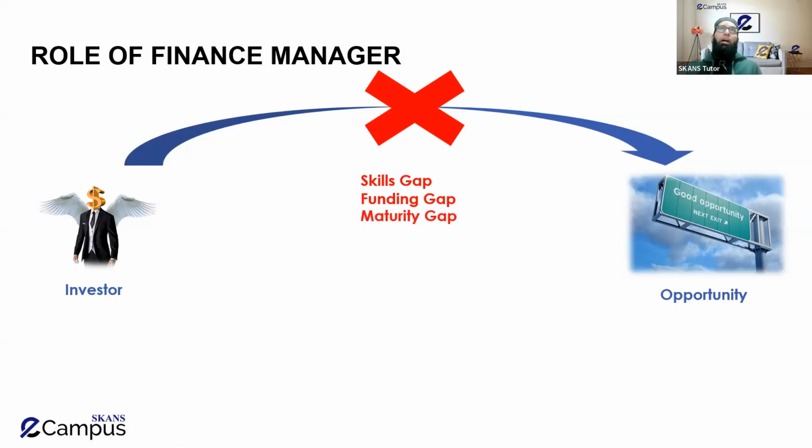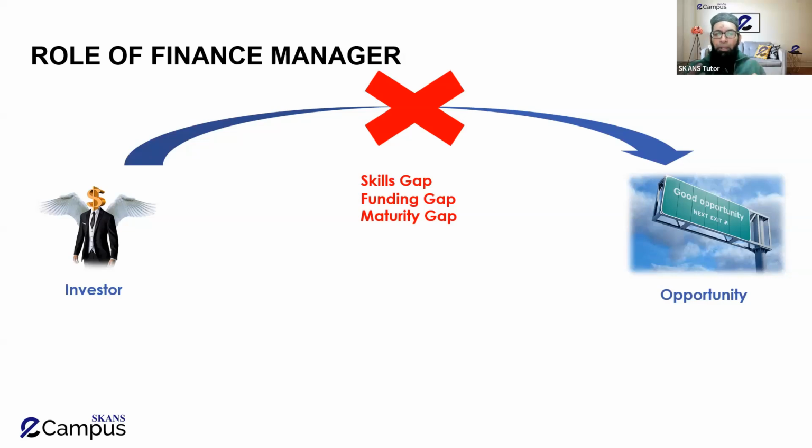Then there is a maturity gap. Now, what is a maturity gap? Sometimes the investor may have the funds to invest in the opportunity, but this funding, for example, is limited for a 5-year period. However, the opportunity requires the funding for 9 years. So that means the funds available are for the period of 5 years, whereas the opportunity requires the funds for 9 years, and there is a gap of 4 years.